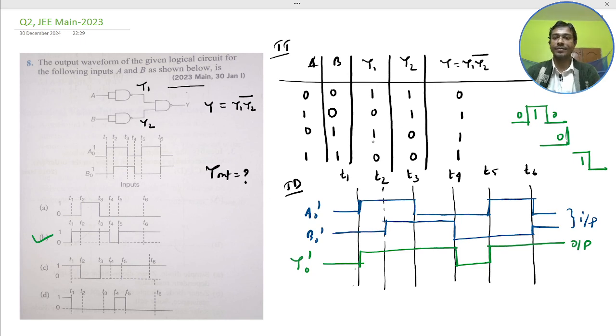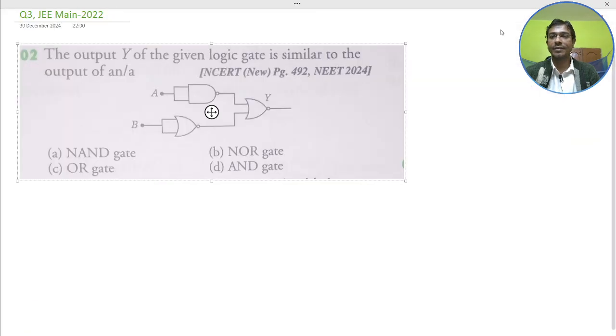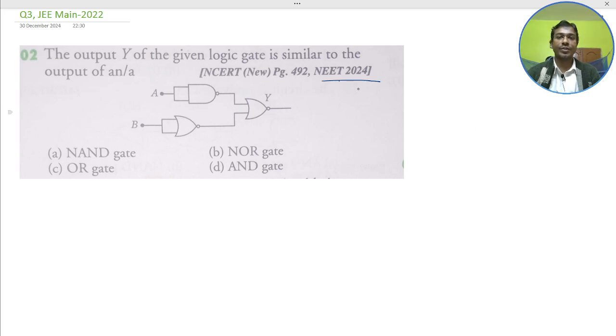Option B is correct. Go through our next problem, JEE Main 2024 recent question. The output Y of the given logic gate is similar to the output of which gate. So here this is the circuit and you have to find the output.